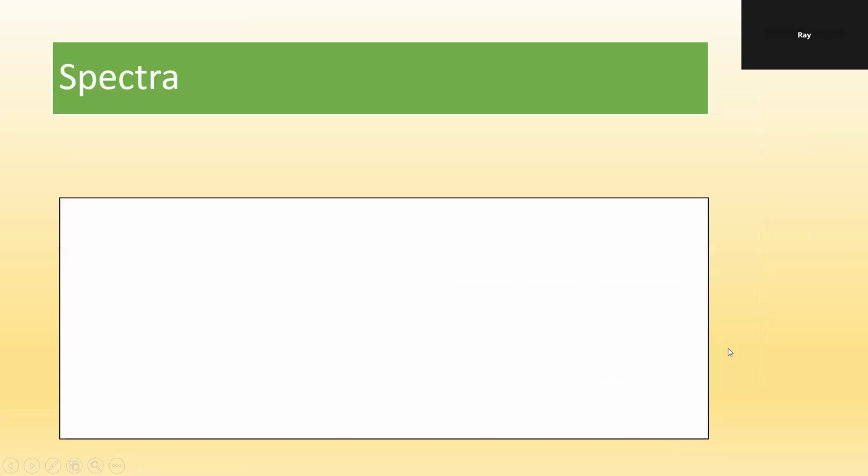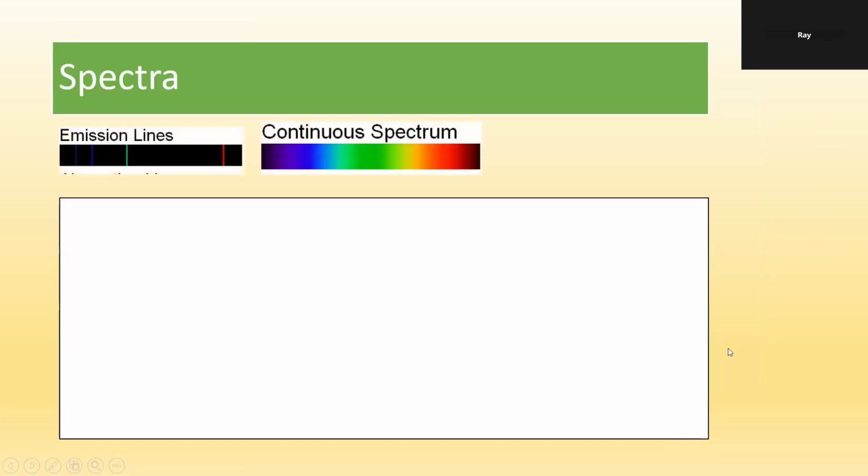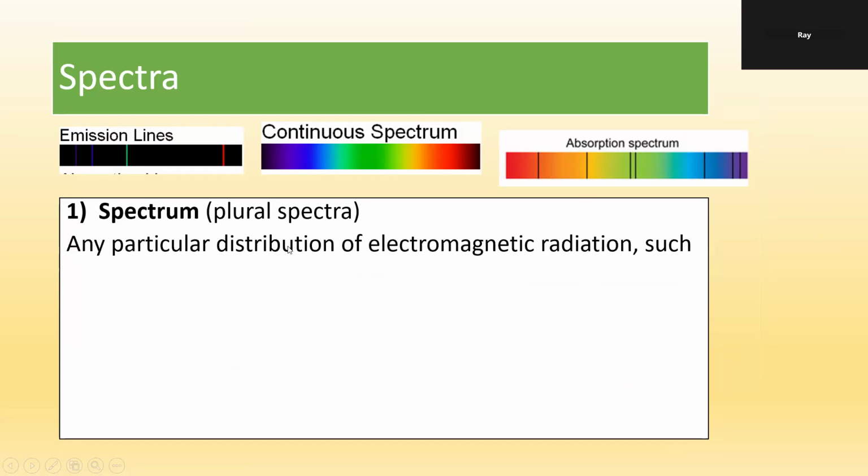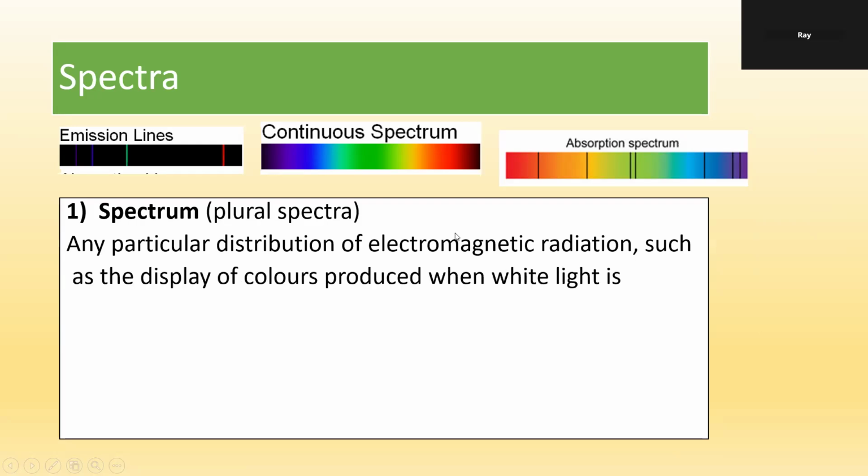Okay, there's the emission line spectrum, continuous spectrum, there's the absorption line spectrum. Spectrum, singular, plural is spectra. What is it? Any particular distribution of electromagnetic radiation, such as the display of color produced when white light is dispersed by a prism or diffraction grating.